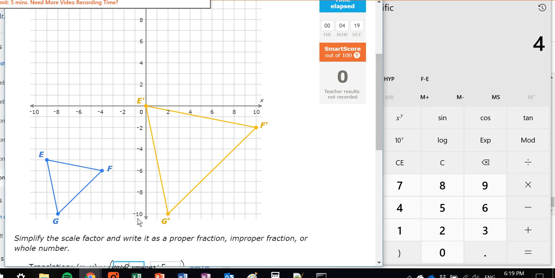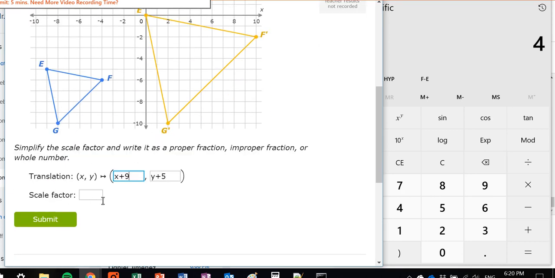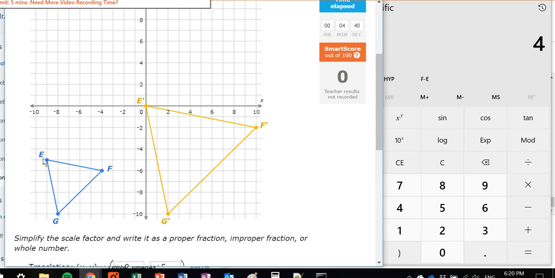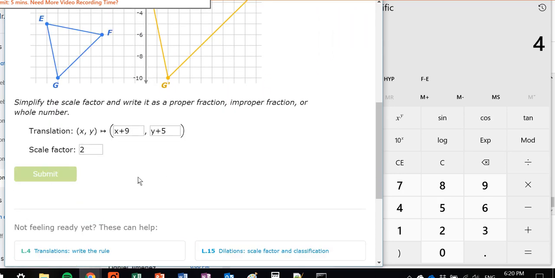So 10 down, 2 across, and if I multiplied 5 down, 1 across by 2, I would get this other shape. So all I have to do is put 2 into the scale factor, because really what's happening is 2x, 2y. That's making my smaller shape my larger shape. So if I put 2 in for scale factor, I'm dilating EFG onto E prime, F prime, G prime after moving E onto E prime. So, hit submit. You should be good.